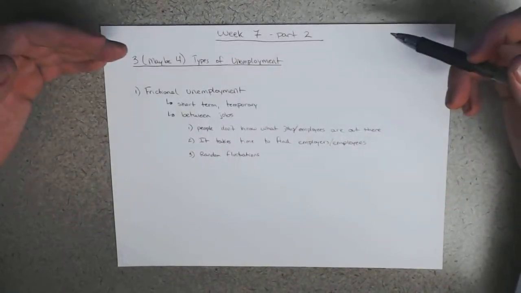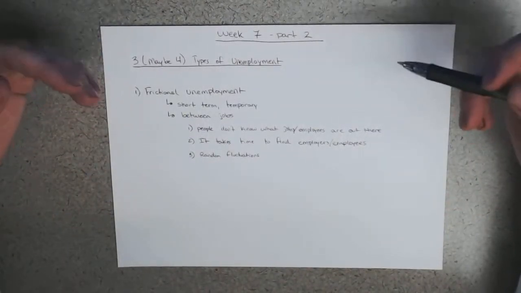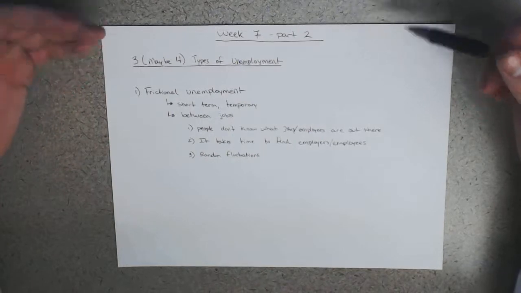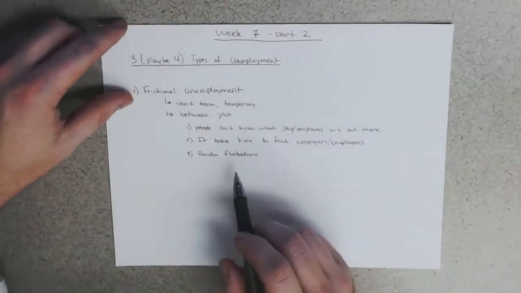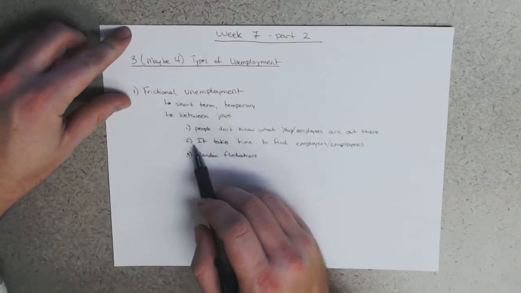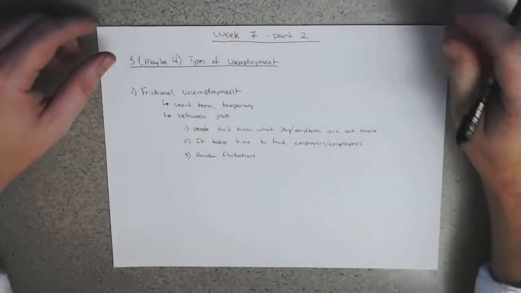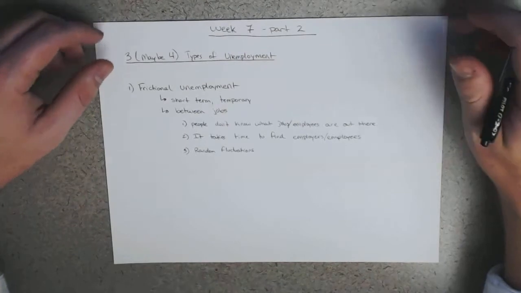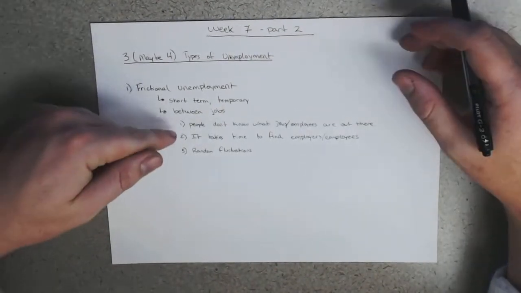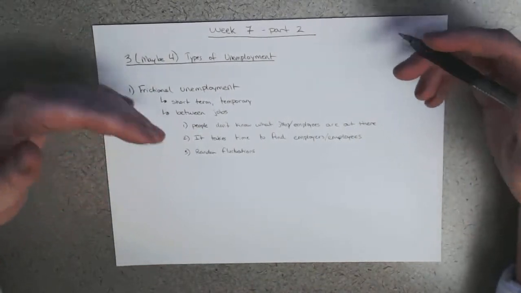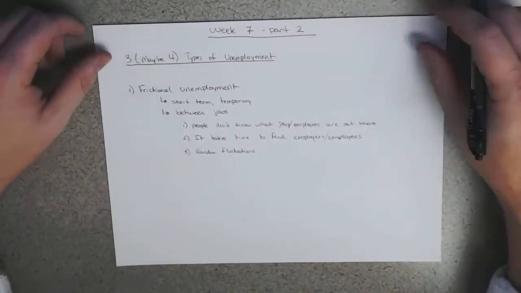So the higher the probability of unemployed people finding jobs, the lower the unemployment rate will be. That's basically reducing frictions 1 and 2. We're raising the probability of finding a job, which reduces the amount of time, and we can raise it by providing people with more information about what jobs are there and what employees are there.